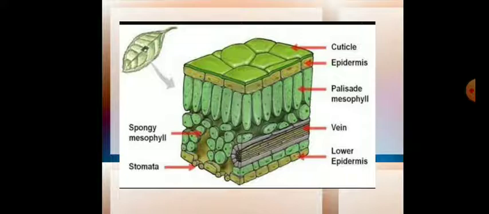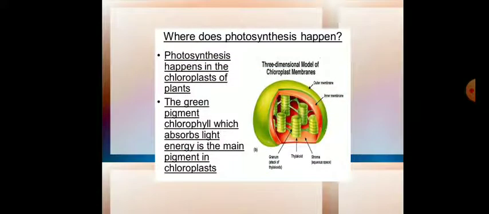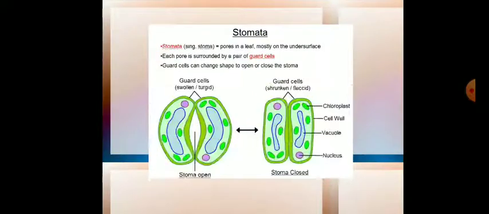You should remember one thing also: during the daytime, when photosynthesis takes place, stomata remain open to let carbon dioxide from the atmosphere enter the leaf. So you can see in the first picture, it is showing stomata open. Stomata are in the turgid phase.